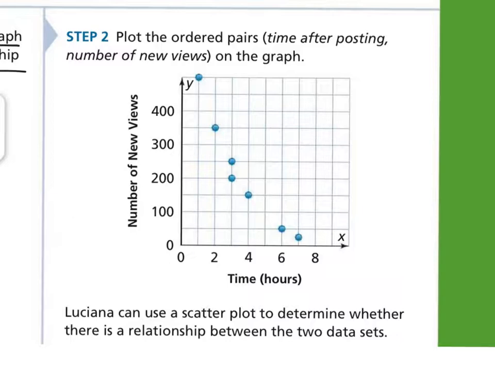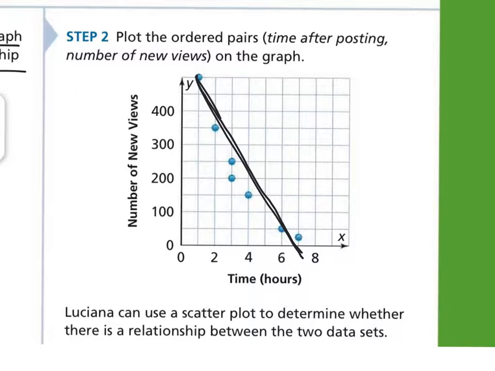Okay, it's not a straight line, but we can kind of see a pattern of what's happening. We could even try to draw a line that kind of approximates that, just to get an idea of what's happening here, even though that's not exactly what's happening.